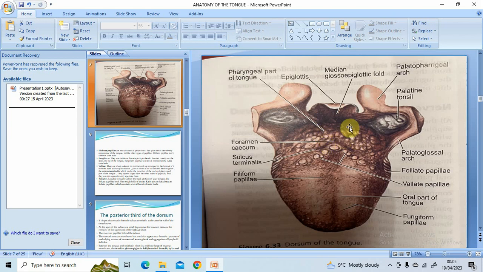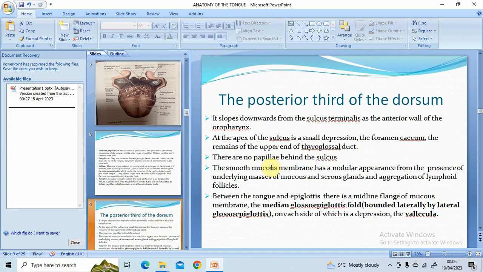It is like that because of the serous glands, mucous glands and lymphoid follicles within it. That is why it appears nodular. But trust me, it's smooth compared to the anterior two thirds of the tongue. So there is no papilla within the posterior third of the tongue.